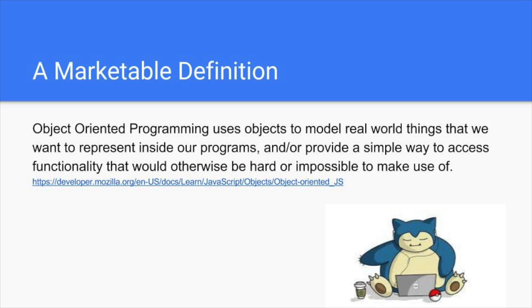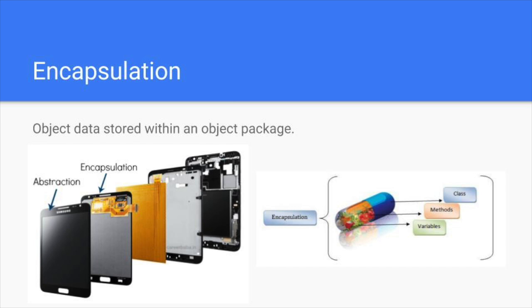As we discussed, objects can contain related data and code which represent information about the thing you are trying to model, and functionality or behavior that you want it to have. This introduces us to the concept of encapsulation, which is the idea that object data can be stored inside an object package, aka namespace.